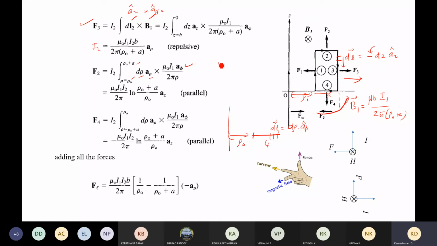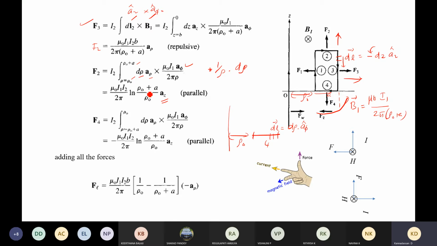Here you have 1 by rho into d rho. So obviously you will get a ln, and when you substitute that, the minus value will be accounted for when you multiply these two. The resulting vector will be in the z direction, and here I think a minus term will come.